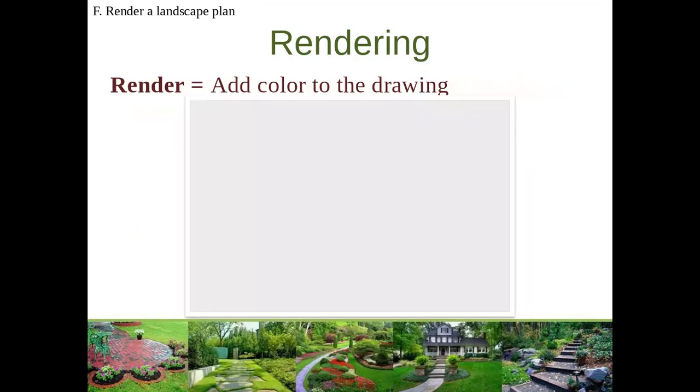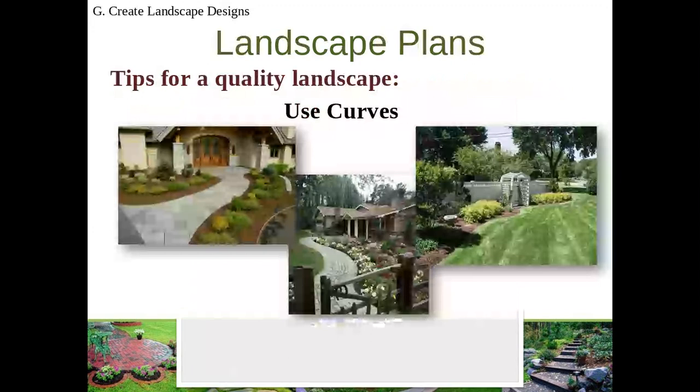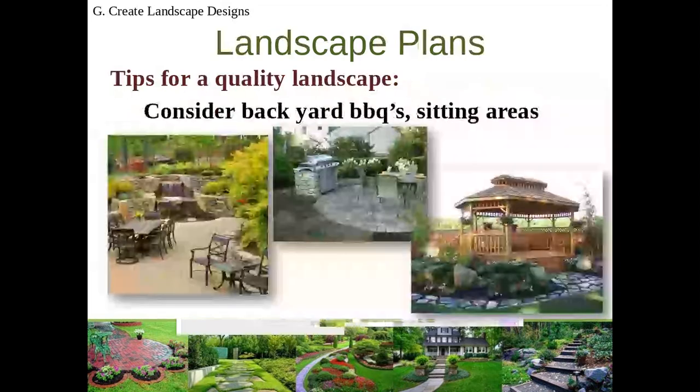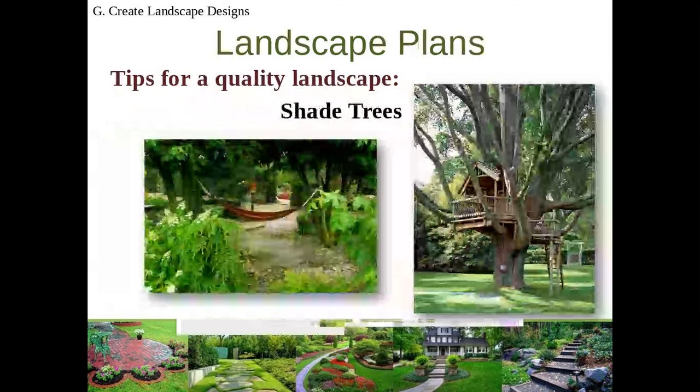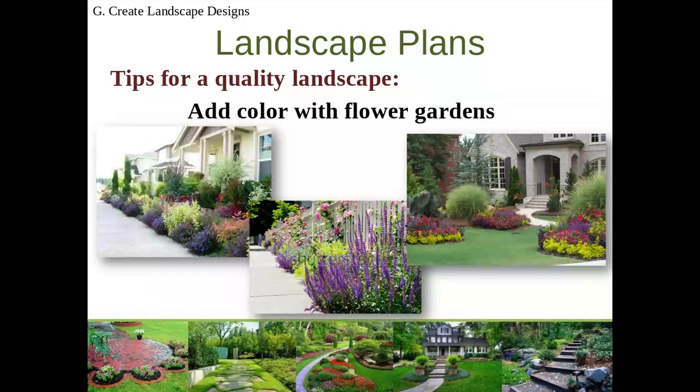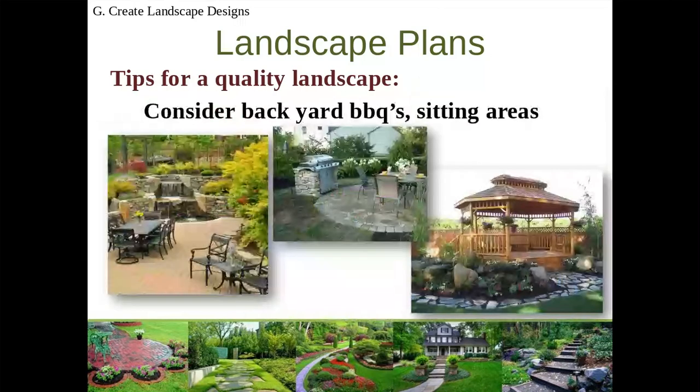Okay, rendering, we've talked about and done rendering in class, okay? I want you to render the plans that I have you do here in a minute. Add color, add shade trees, right? When you're actually thinking about the landscape plan and what features you want, add shade trees. Try and add some color so it's interesting, right?